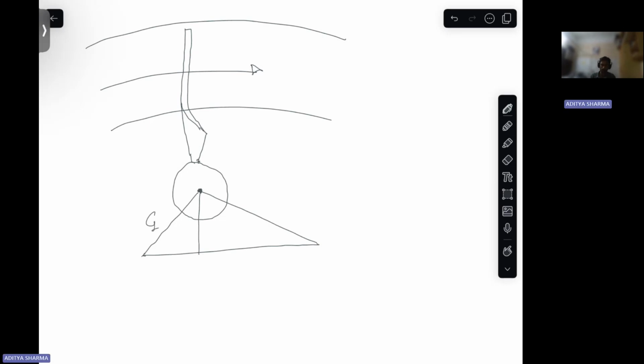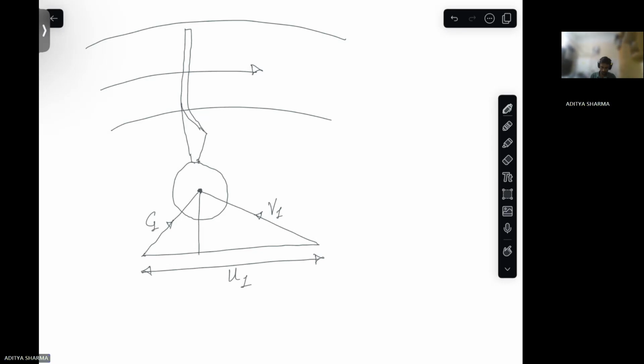So C is for your absolute velocity. V is for your relative velocity. U is for the rotational velocity of your compressor. This whole thing is U1.